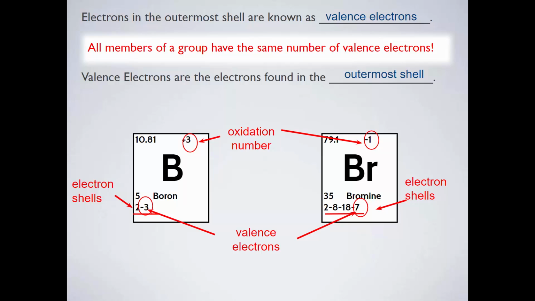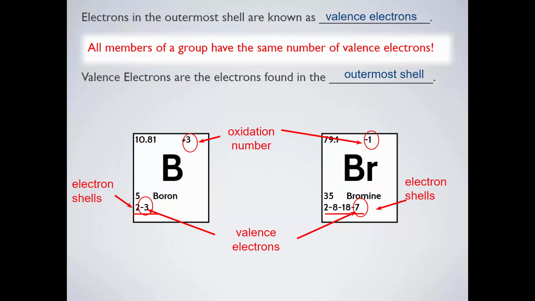Boron has an oxidation number of +3. Bromine is -1. Thinking about the electron configuration, can you infer where that number comes from, Jake? Because boron has 3 more than its outermost shell. Right. And bromine has 1 less than it needs.